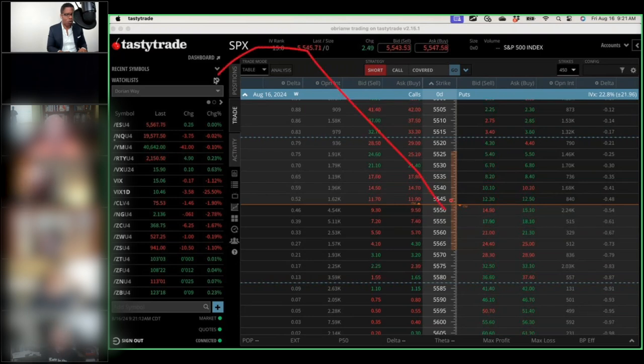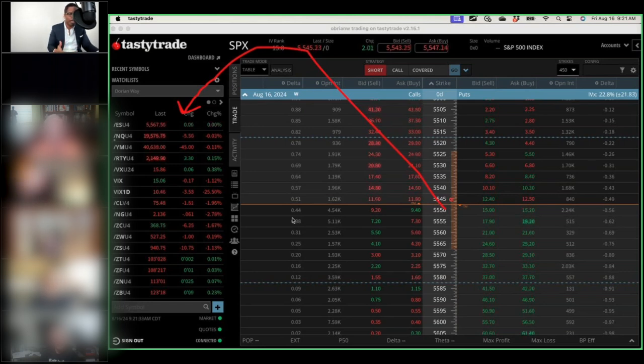And the market moves a ton. You guys know we were moving 130, 125, 100 points often in the S&P 500 over the last month to a month and a half, maybe even 2 months. We had a lot of big moves.